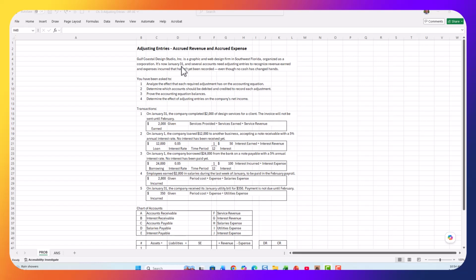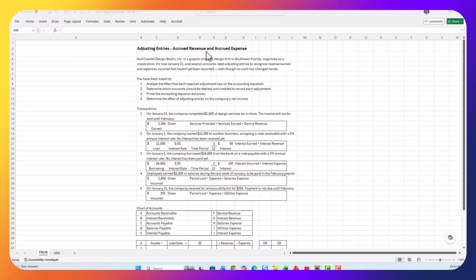In this video, we're covering two of the five adjusting categories for the company, accrued revenue and accrued expenses. Both share one idea. The revenue or expense happens first and the cash moves later.